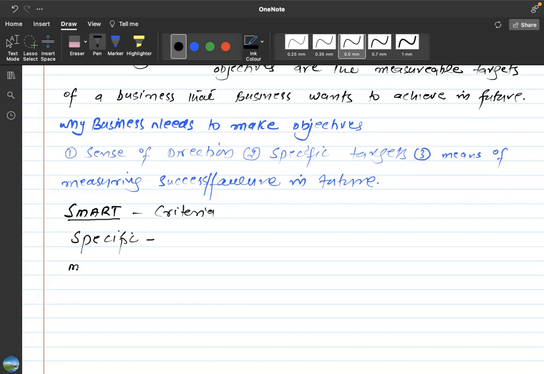They should be measurable. It means that they should be expressed in mathematical terms. A business should state that it wants to achieve a profit of 15%. This is what we call measurable. Then achievable.